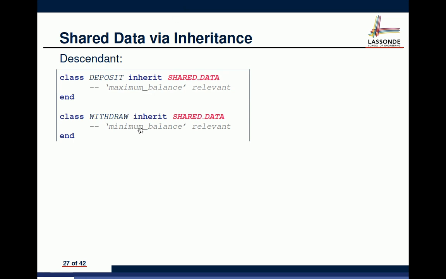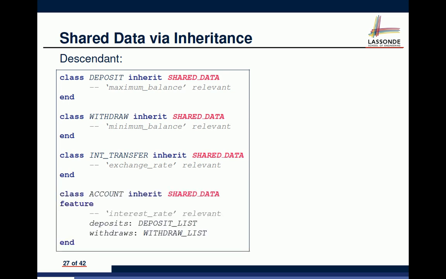Basically, every transaction type has only a subset of the attributes it should worry about, not necessarily all of them. Let's say for international transfer, you have to worry about exchange rate, right? And then you also have another class called account, in which case you have to worry about interest rate. So now we have 4 classes: deposit, withdrawal, international transfer, and account.